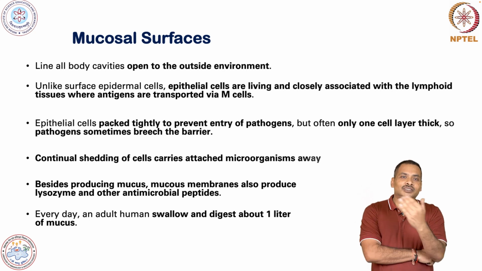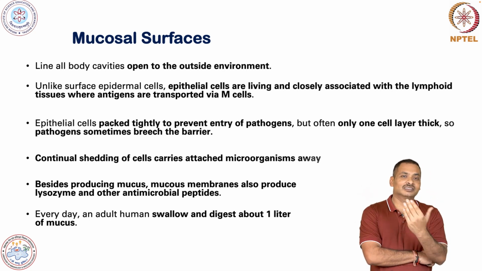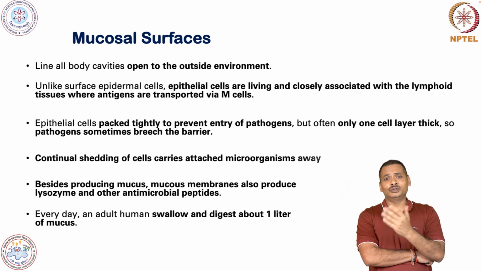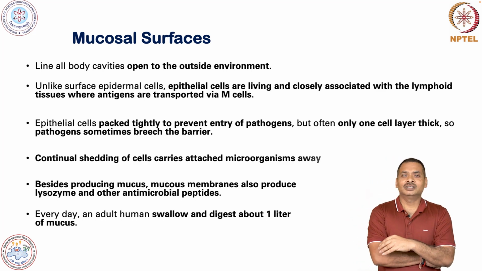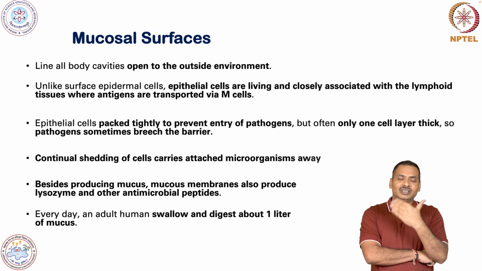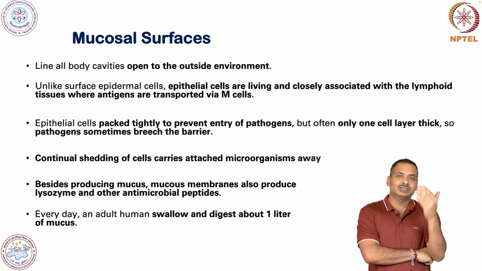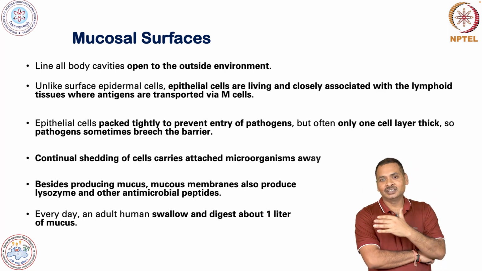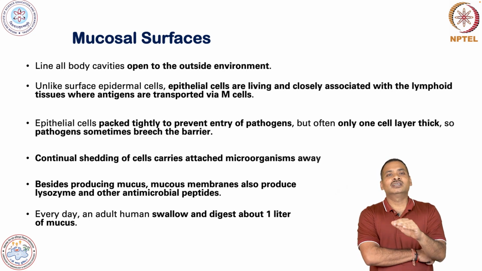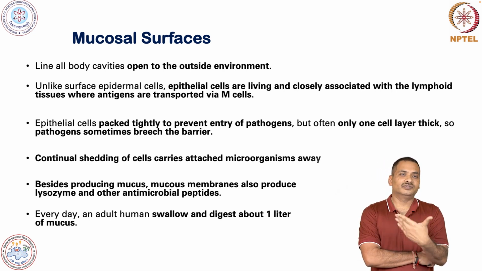Okay, so this is a very good defense mechanism. You are protecting against a variety of microbes as well as microbial pathogens, because in our epithelial layer there are some cells which keep on producing this mucus, which has a washing action, and this washing action prevents a lot of infection.